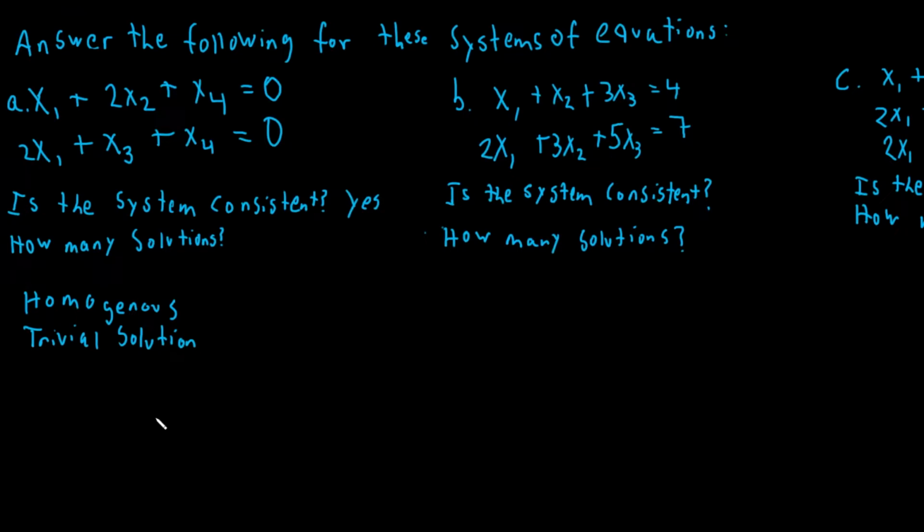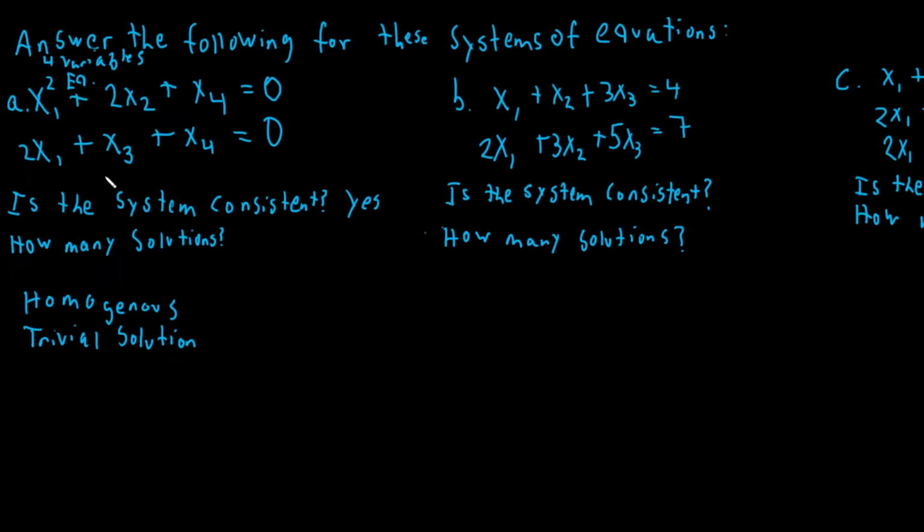Now, how many solutions does this system of equations have? Whenever you're asked how many solutions a system of homogeneous linear equations has, write out the number of variables and number of equations. Here we have 4 variables, and we have 2 equations.